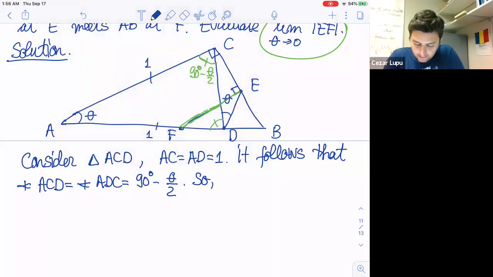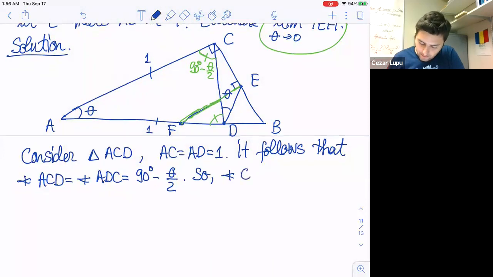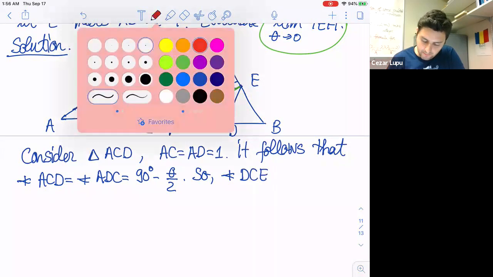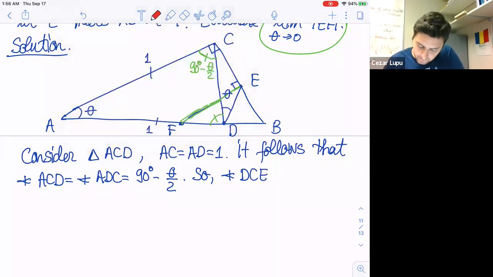So this implies, if we look around, that the measure of the angle DCE, this angle right here, this guy here, is nothing else than just theta over 2, right?